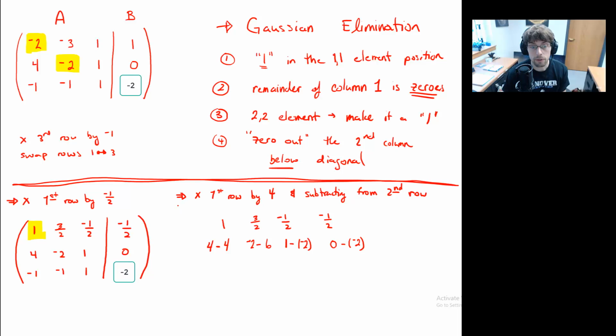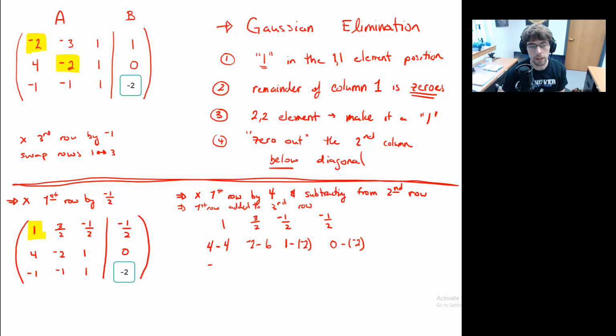For the third row, you notice that we don't have to do anything. If I want to make -1 into a 0, I just add 1 to it. So here I'll say first row added to third row. Sorry, I keep erasing things.